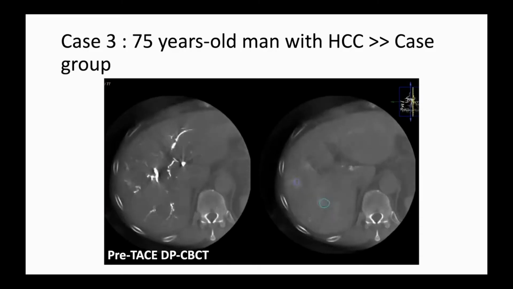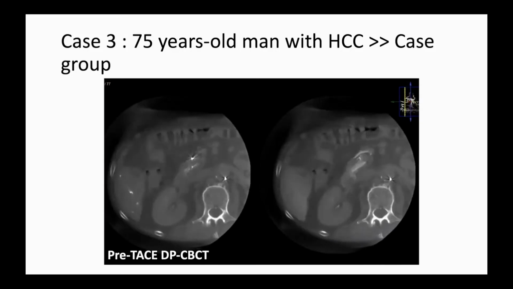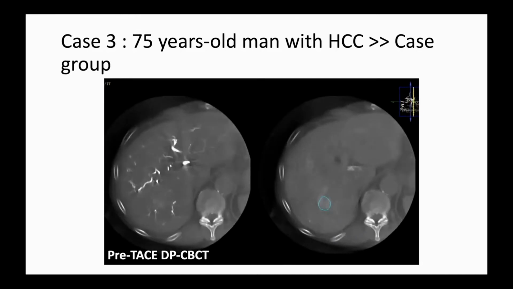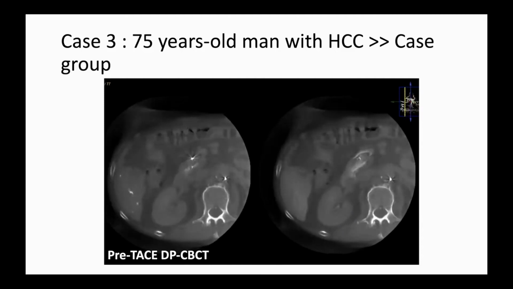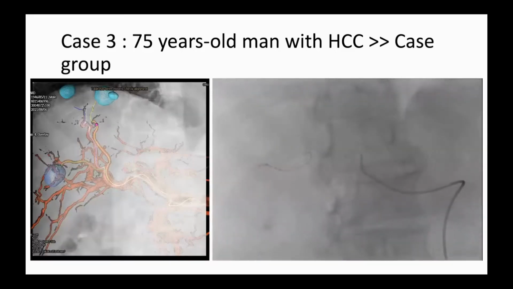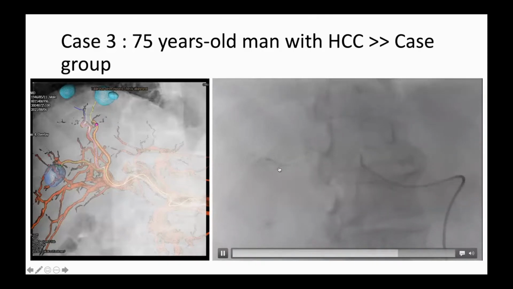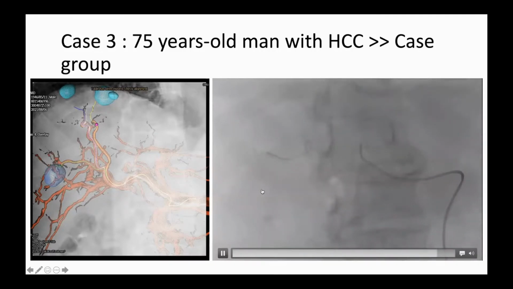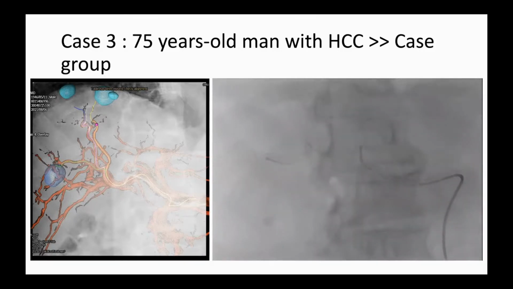This is another case, a patient with 4 small HCC lesions that we can see on a dual phase cone-beam CT. So we went selectively to treat all these lesions. Here is a hyperselective treatment, and we have to get used to that fluid barrier and that contrast reflux, which is only contrast reflux due to the microcatheter, but not contrast plus beads reflux.